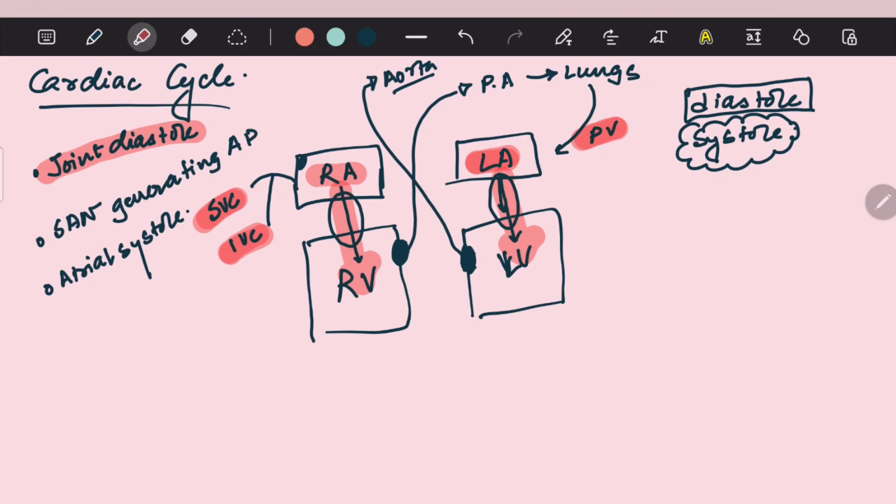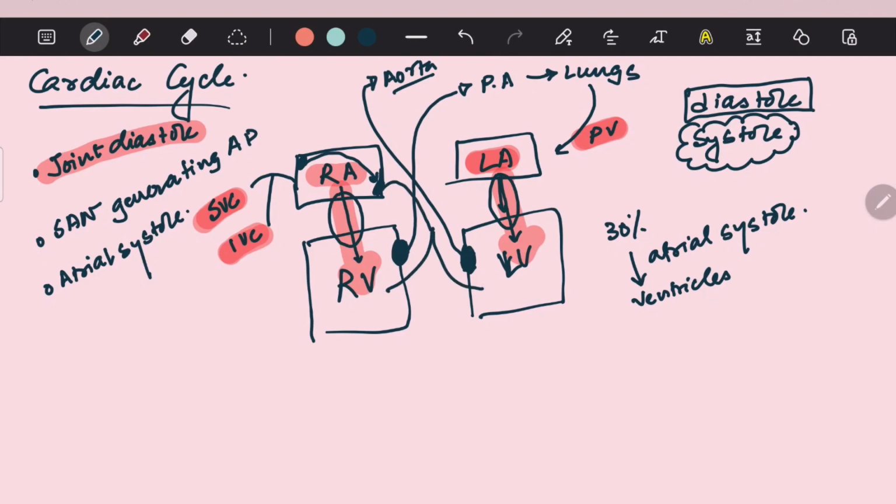The rest 30% of the blood is sent to the respective ventricles by atrial systole, that is atrial contraction. Now, the action potential is then transferred to the ventricles. How? From the sinoatrial node, the action potential goes on to the AV node, and from the AV node, by the bundle of His and the left and right bundle branches, these action potentials are then sent to the ventricles.